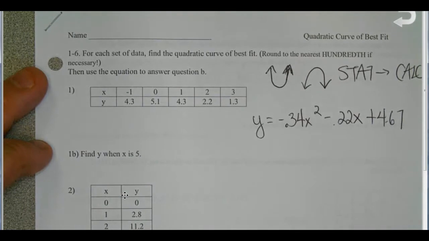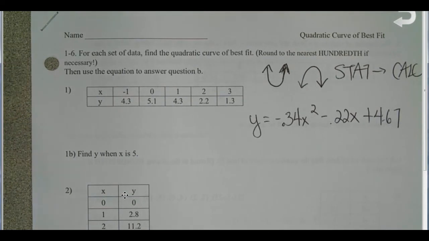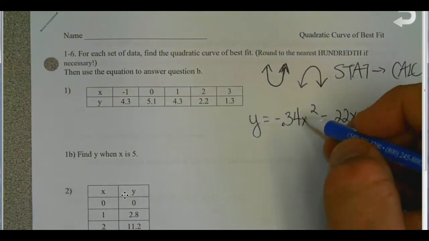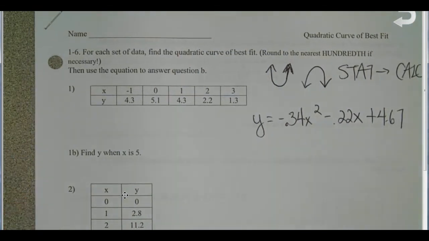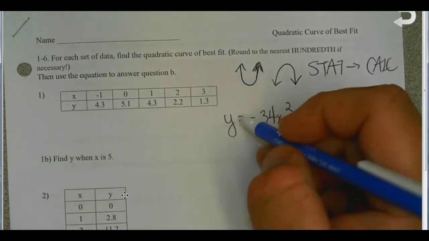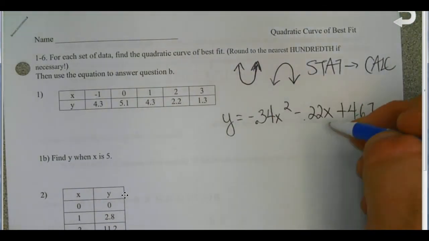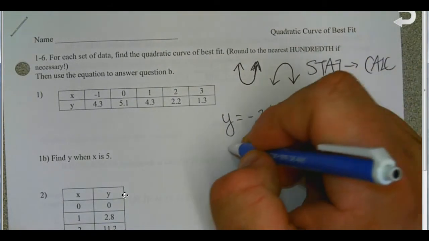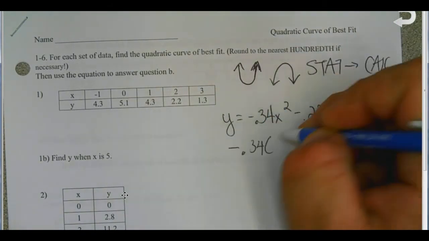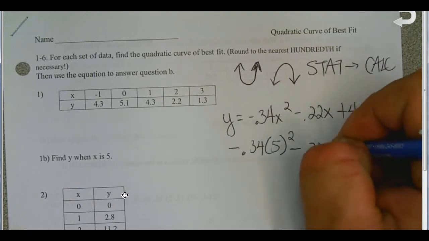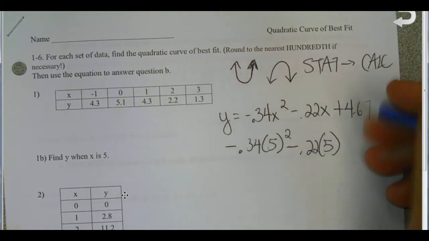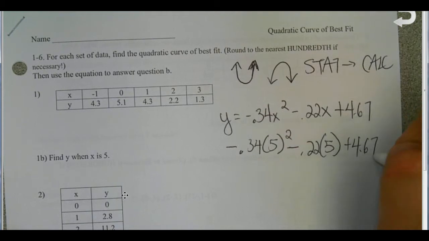And it says find y when x is 5. Also notice that we can't find x because of the whole squared thing. We can in later math, but since it's just algebra 1, we're going to just find y when x is 5. So, in the calculator, this is important. This is what you have to do: -0.34 parenthesis 5 squared, -0.22 parenthesis 5, plus 4.67.